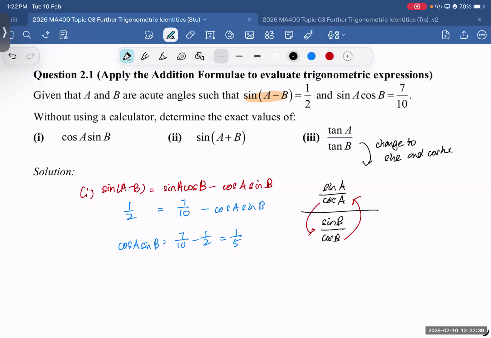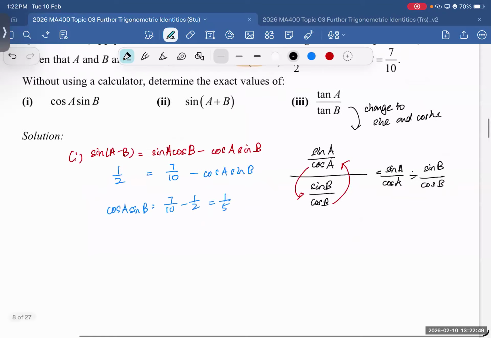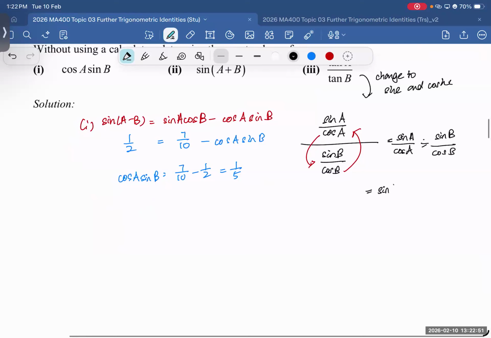Because this is after all just sine A over cos A, divided by sine B over cos B, which is the same as sine A over cos A multiplied by cos B over sine B. Right?